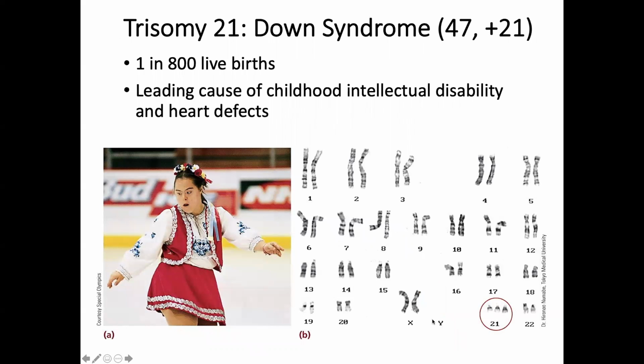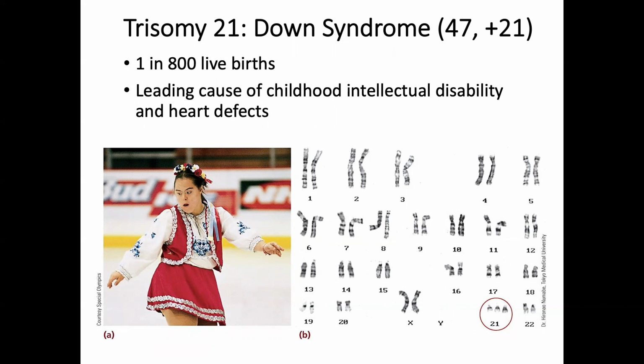Now let's see the most common disorder of autosomal aneuploidy, that is trisomy 21, or Down syndrome as we usually call it. Down syndrome is caused by the presence of all or part of a third copy of chromosome 21. It is usually associated with physical growth delays, mild to moderate intellectual disability, and heart defects.